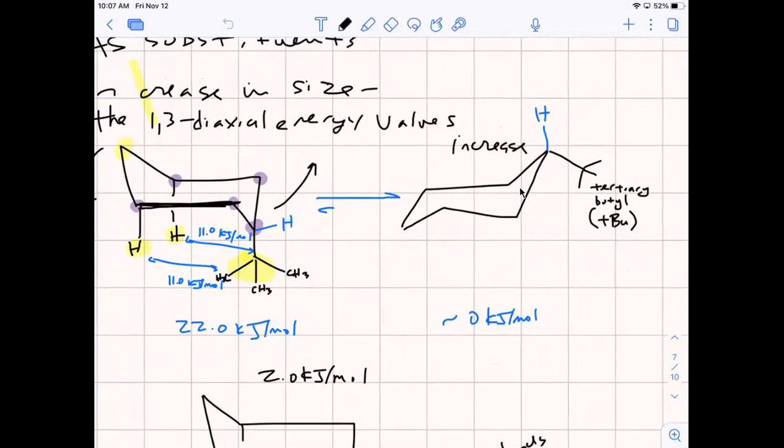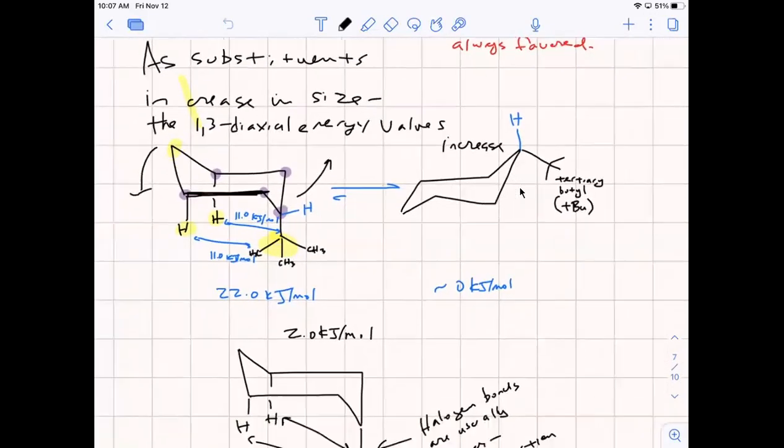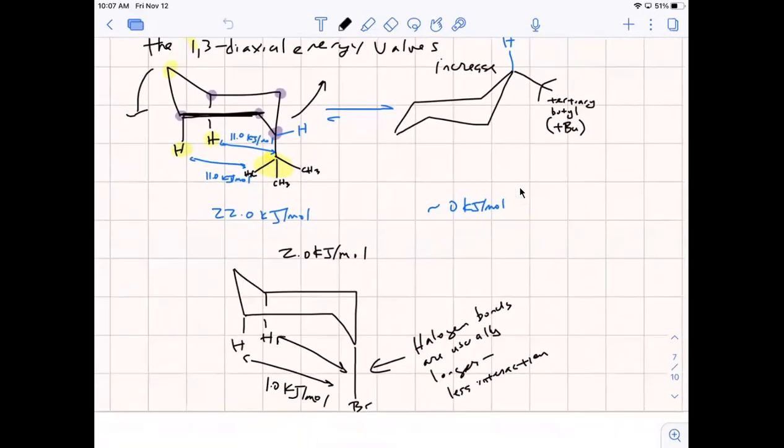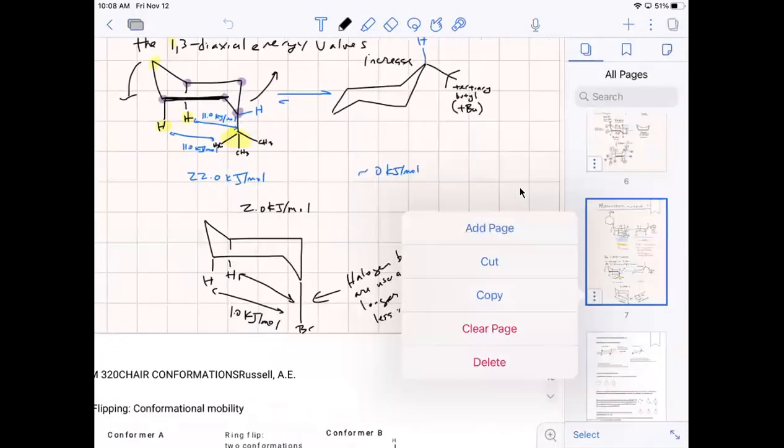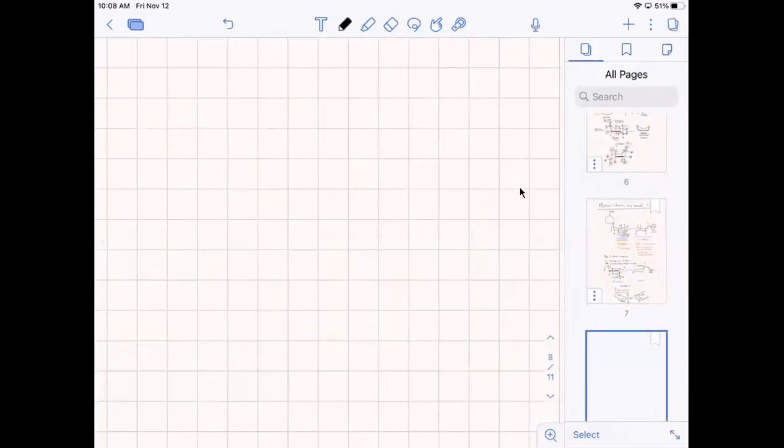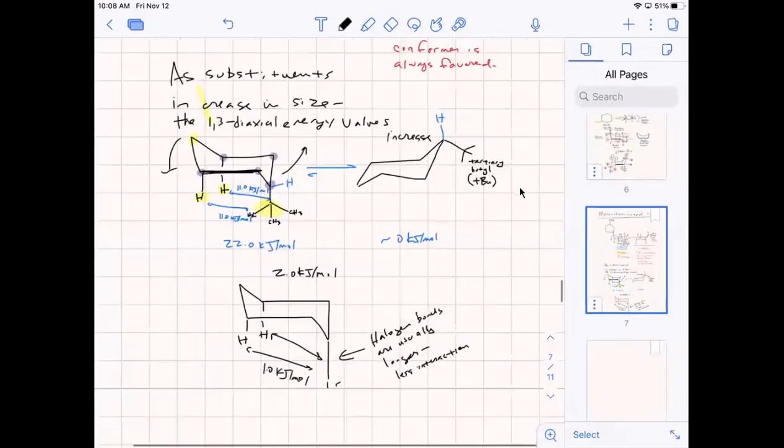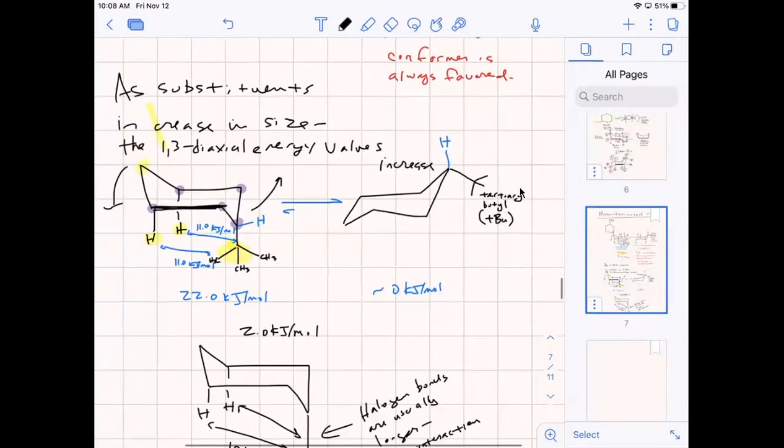So there's actually a ratio between those two, and we can determine it by looking at the equation for the equilibrium constant. Let me put a page in, and we're going to talk about that.